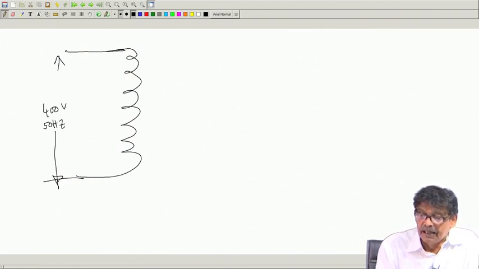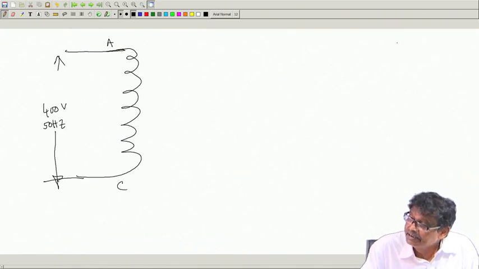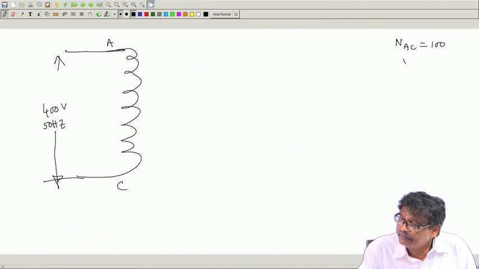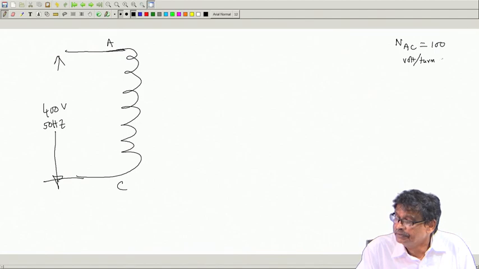Once again I say that N AC is equal to 100. Then immediately I will calculate volt per turn, which is 400 by 100, equal to 4.